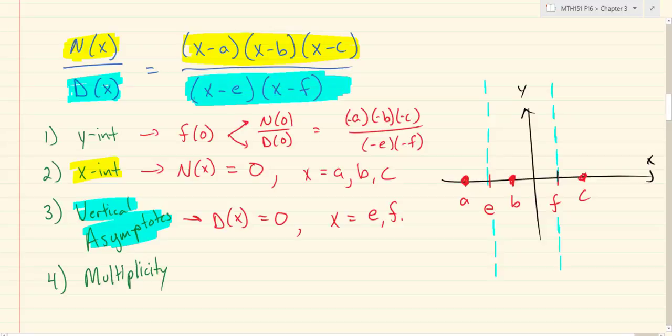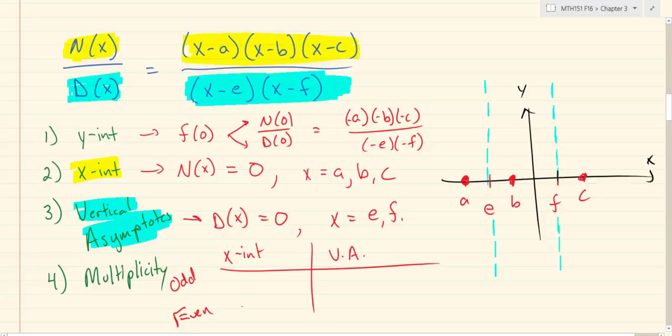Multiplicity. There are two types of multiplicity: multiplicity for the x-intercepts, and multiplicity for your vertical asymptotes. And the two types are odd multiplicity and even multiplicity. If you have odd multiplicity for an x-intercept, that means it's a pass-through.